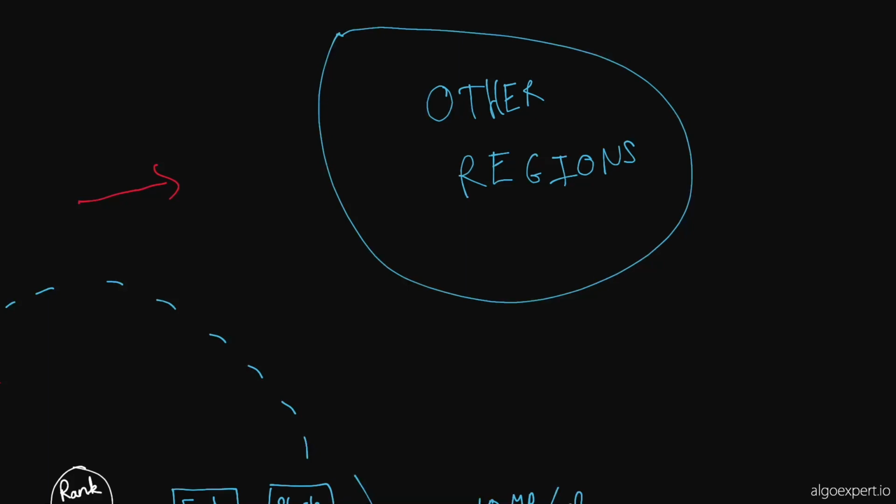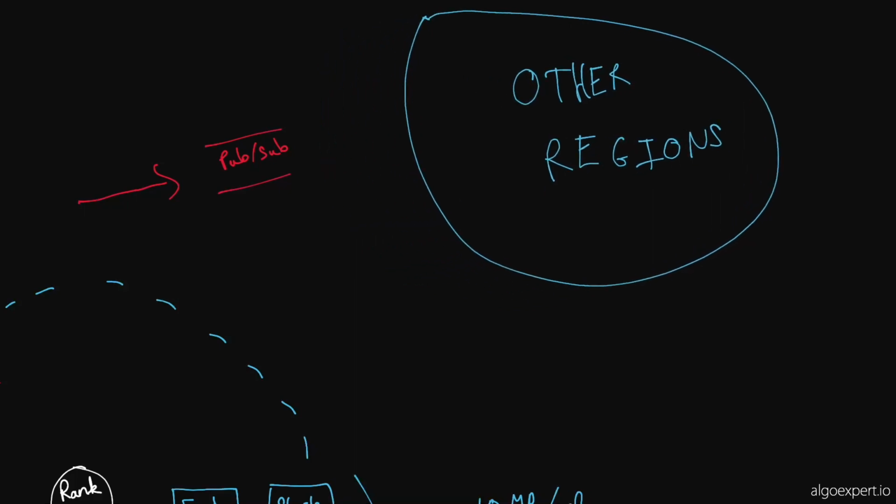The only thing is that we probably want to use PubSub again here. We want to use another messaging service to guarantee that we end up contacting the other region, because we need that guaranteed delivery. So here we can have another PubSub system, and we probably have some kind of forwarding service.